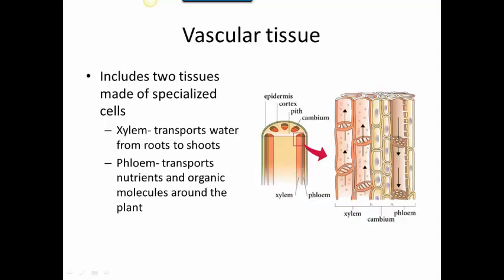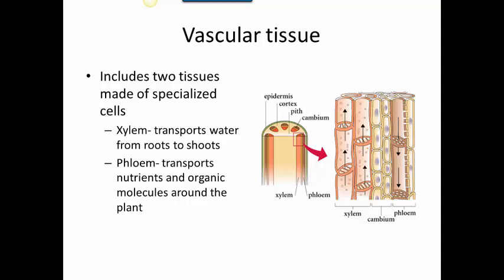So now I want to talk a little bit more about the function of these adult tissues in plants. Vascular tissue includes two different kinds of tissues, xylem and phloem, and they're each made out of specialized cells. The main function of xylem tissue is to transport water from the roots of the plant up to the shoots.